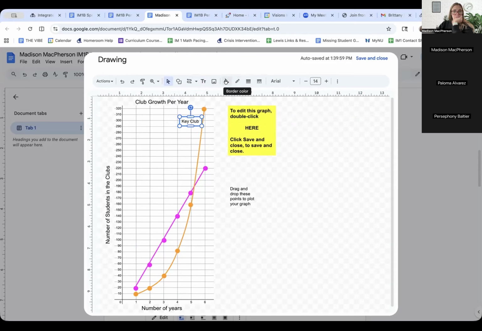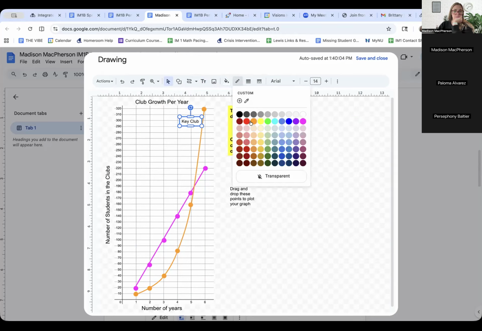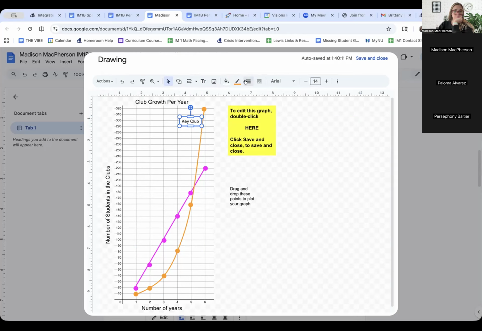I'm going to change the fill color to white so that there's no lines behind it. And then I'm going to add a border that matches my line, and make it a little bit thicker. So now I have the orange box around Key Club that goes with the orange line.